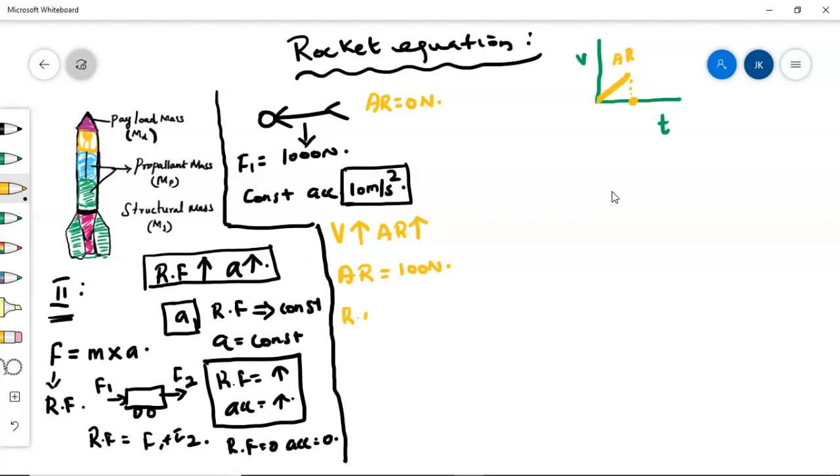Now we are going to find the resultant force. At the beginning, the resultant force was just 1000, because 1000 minus 0. Why minus? Because the air resistance is an opposite force, so we write minus.